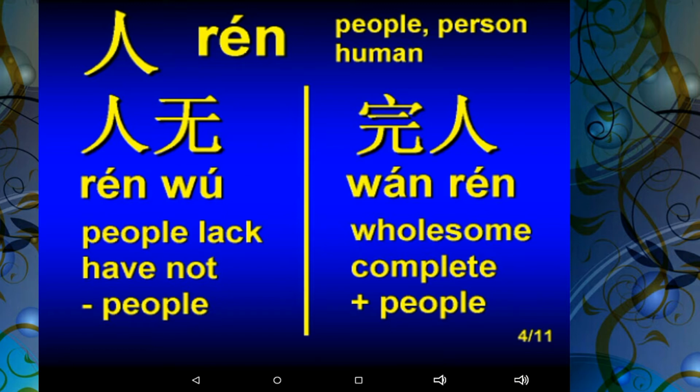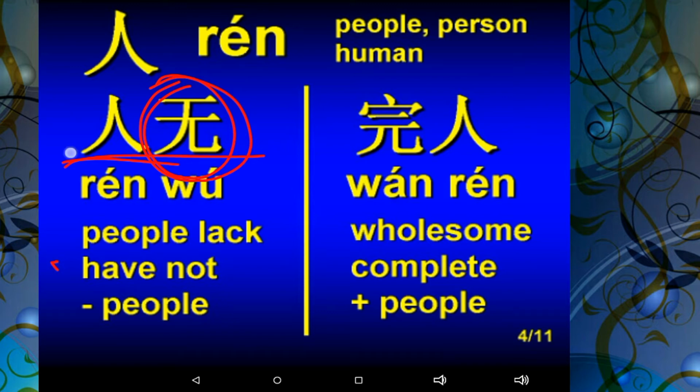I want to talk to you a little bit more and introduce how you can use different characters in combination with Ren. I want to talk to you about this particular character, this Wu character, because I'm going to use it with Ren Wu, Ren Wu. And Wu, okay, this character by itself means to lack something or to not have.